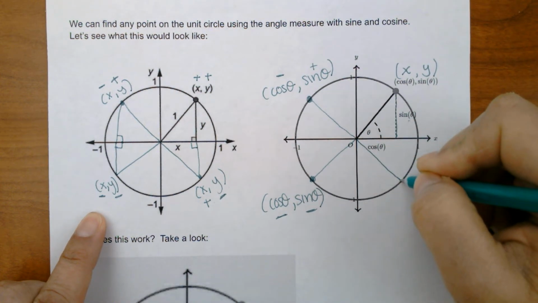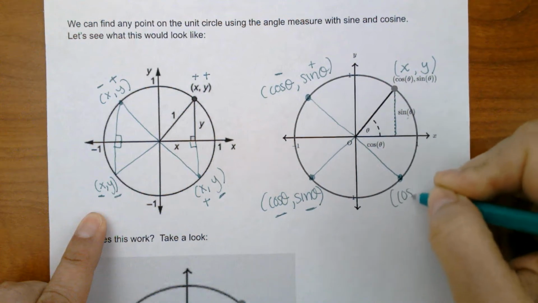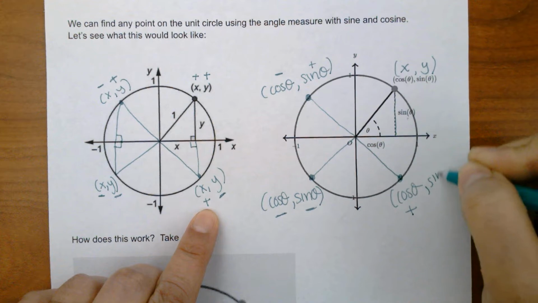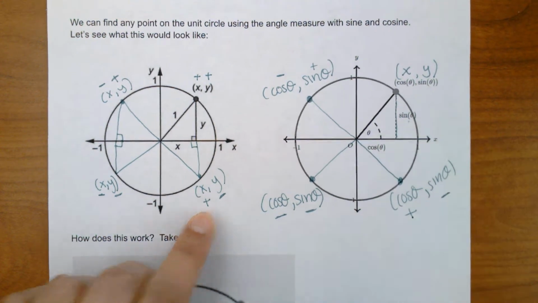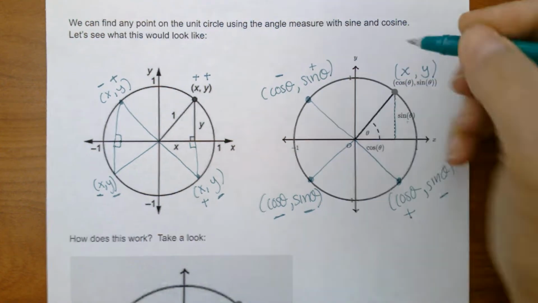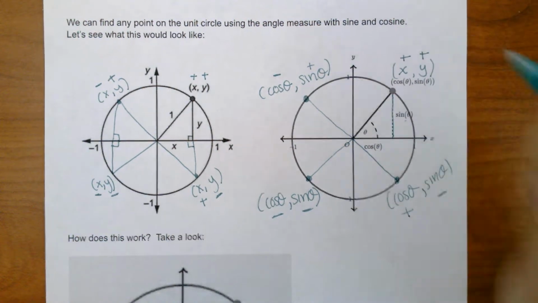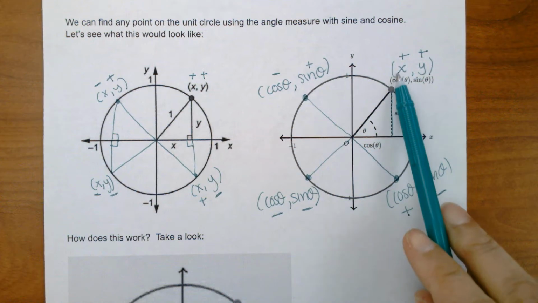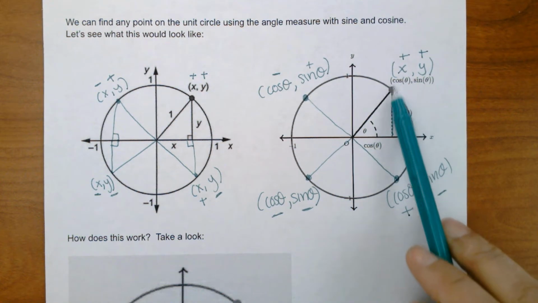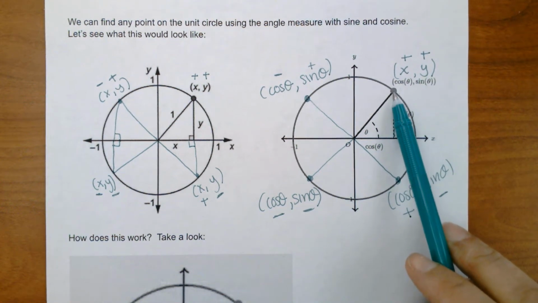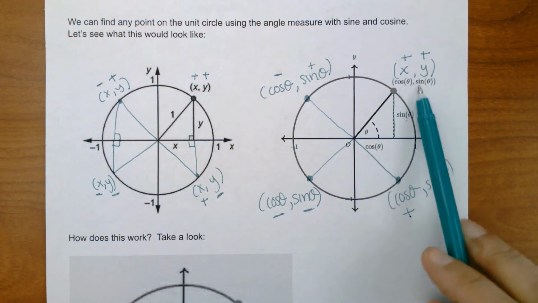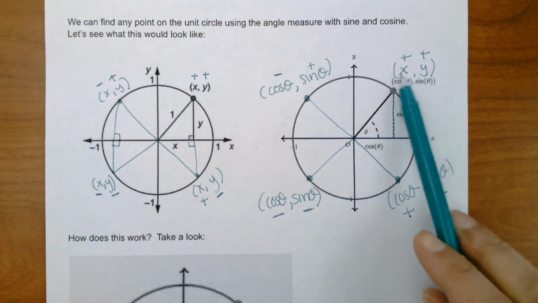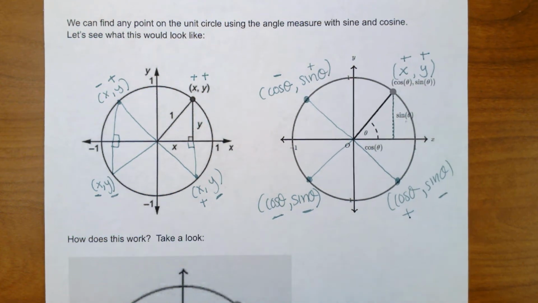And in the fourth quadrant, cosine of theta is going to be positive, just like over here, and sine theta is going to be negative. So the signs are going to be just like x and y for cosine and sine. If you want to think cosine is going to match up with your x, these two are going to become one, everybody, okay? And sine is going to line up with y. These two are going to become one. We're just going to be using these in order to get the coordinates for x and y.